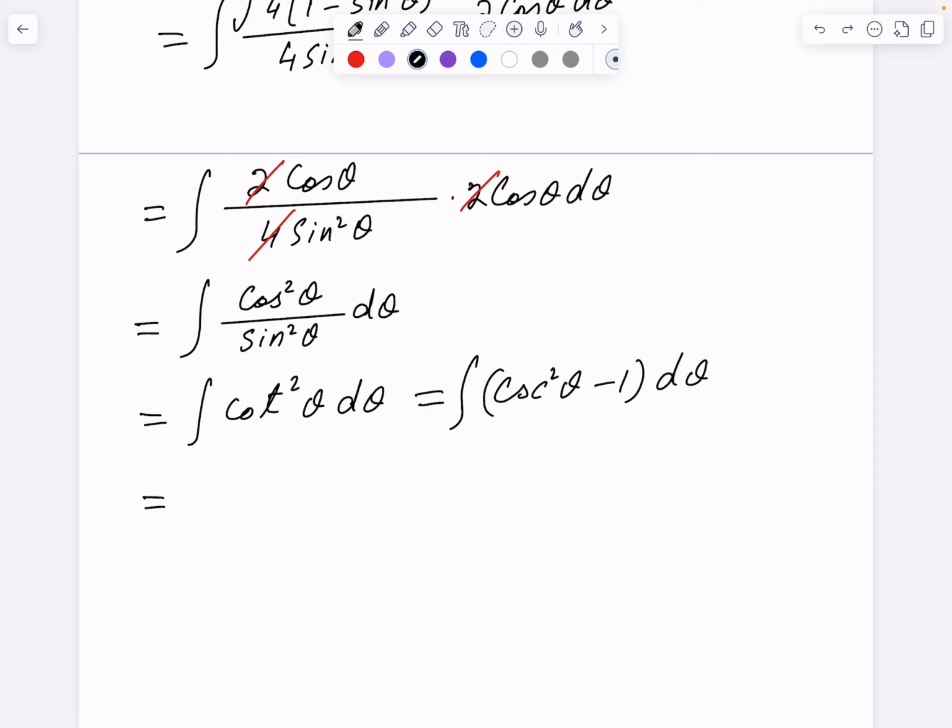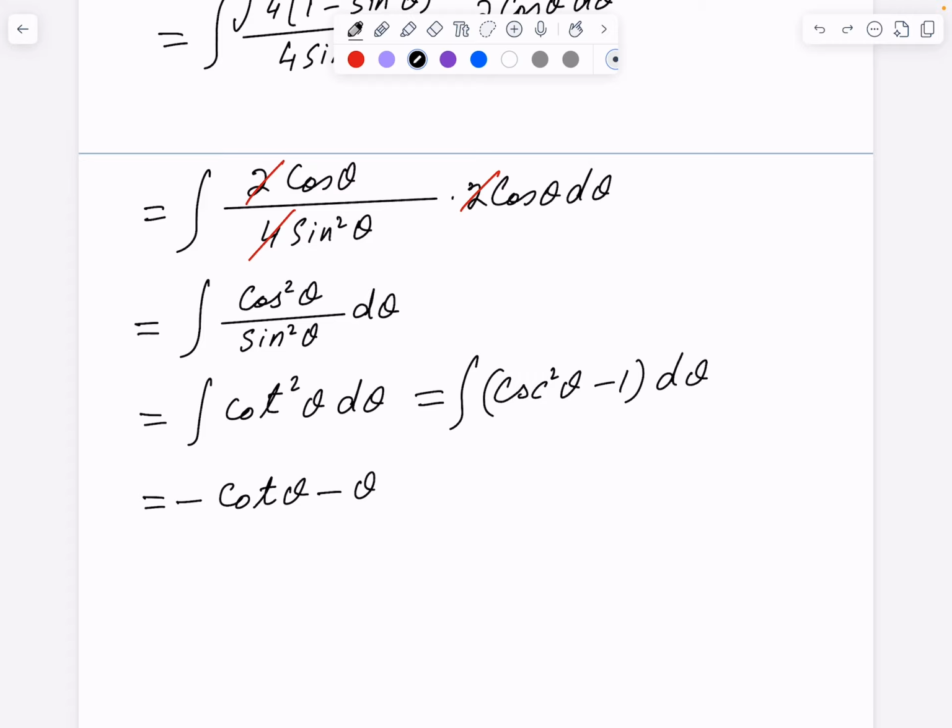Therefore, the integral of cosecant squared is just going to be minus cotangent theta, and minus theta is here. Of course, this is the end of the integral, but the original variable was x, whereas here we're having theta.